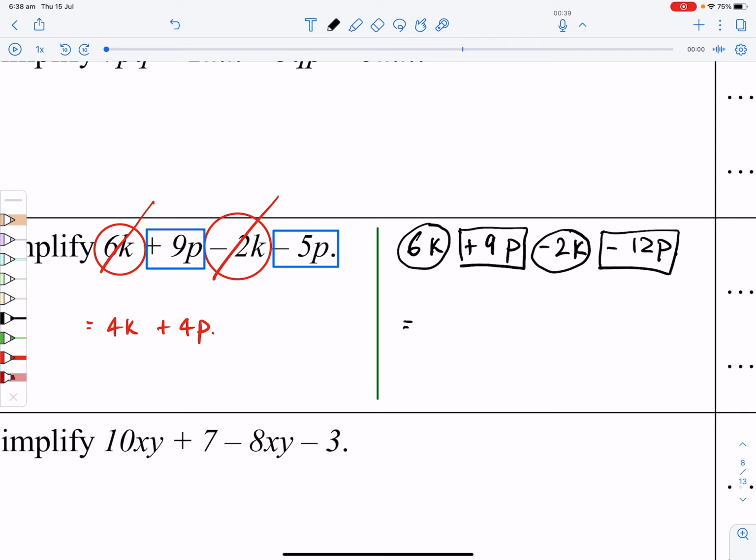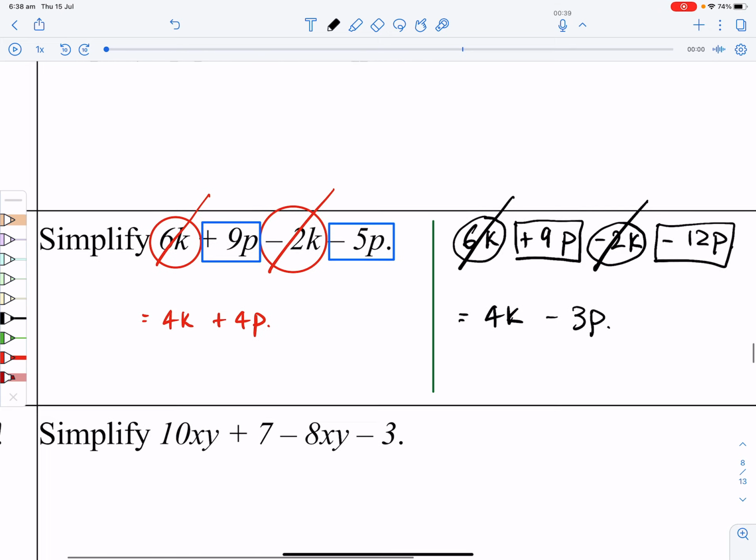6k minus 2k is 4k. So they're done. Now stop. Don't write down plus and don't write down minus. Now, what is 9p minus 12p? It's minus 3p. So now I'm going to write down minus 3p.